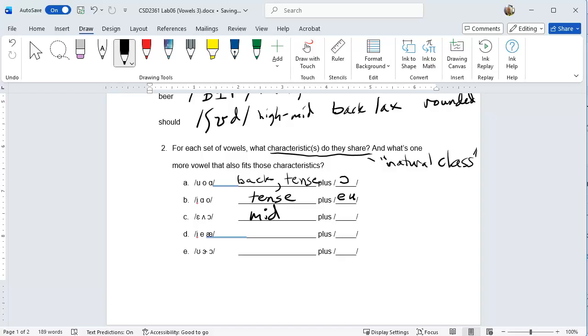I might be wrong on that, actually, because aren't the and the aw mid-low? So it's not that. It's not front versus back, because one is front, one is central, and one is back. It's not rounding, because only the aw is rounded. So I guess that leaves us with only the lax characteristic as what they all share. That's not true either, though, because aw is not a lax vowel.